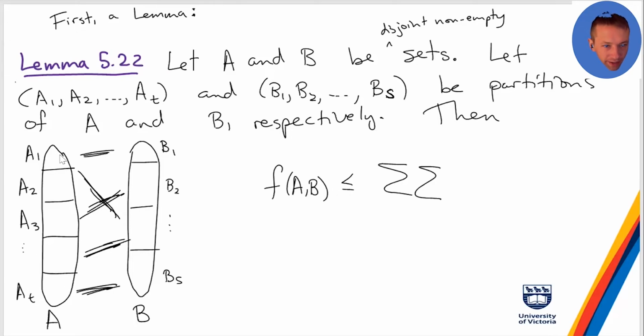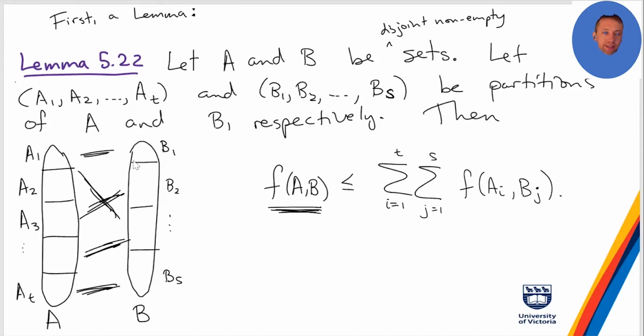The picture is like this: you've got two sets A and B, and I split A into T chunks and B into S chunks. Then what I claim is that if I compare the f value of A and B to the f value of the pairs of chunks, f of AB is at most the sum, i equals 1 to T, j equals 1 to S, of f of AI BJ.